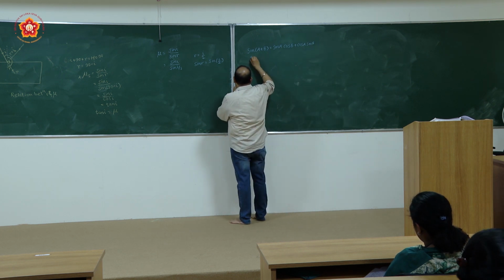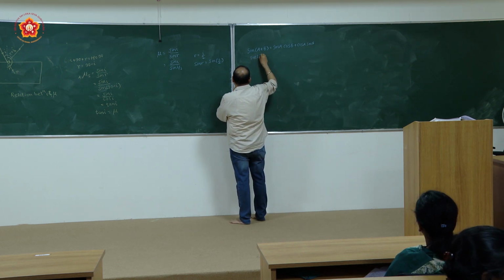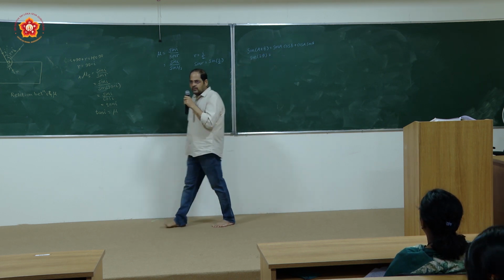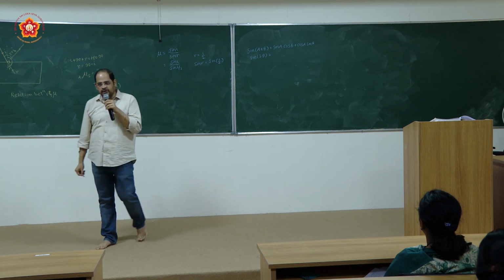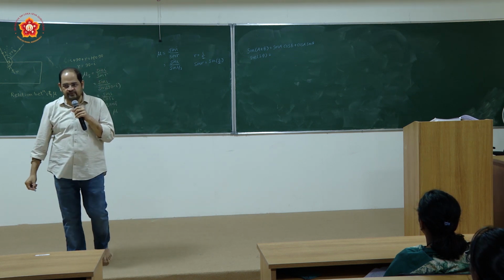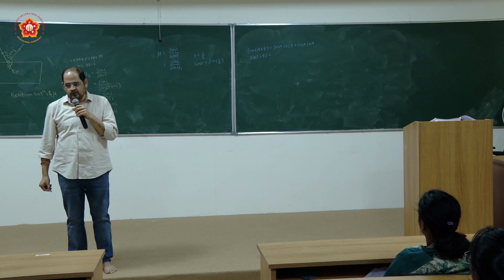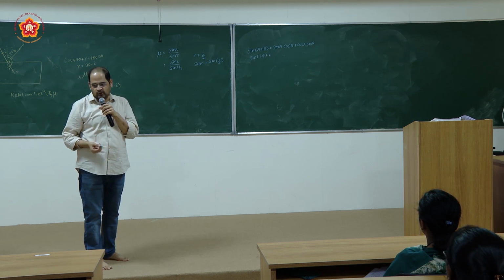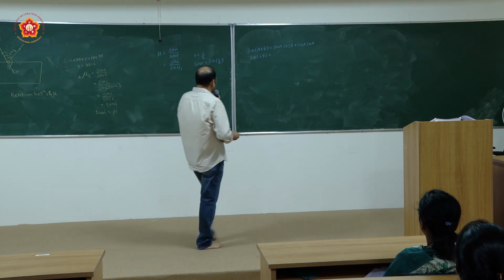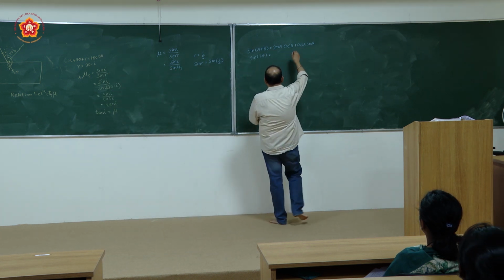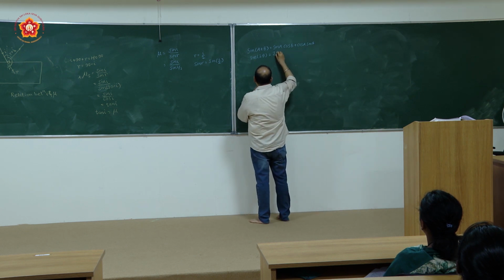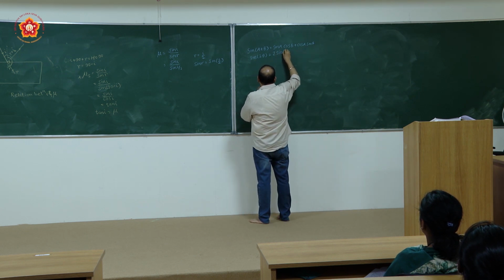Now what will be sin of 2 theta? Sin 2 theta can be written as theta plus theta. So in the sin A plus B formula, put theta plus theta and see what you get on the right hand side. It will be sin theta cos theta plus cos theta sin theta, so I can put it down as 2 sin theta cos theta.